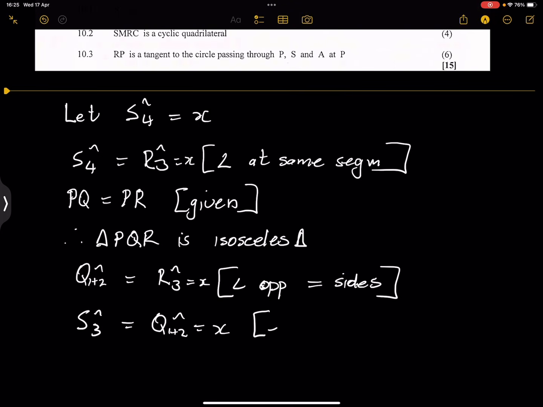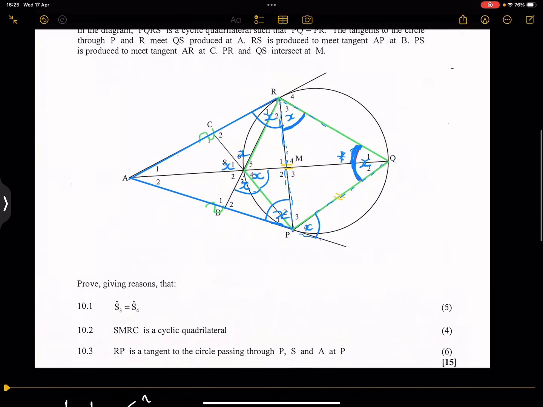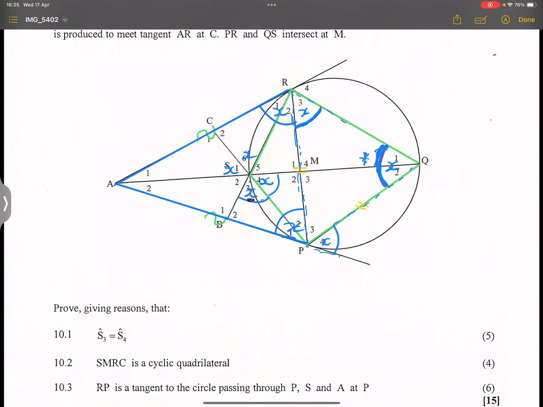And why was that? It's an exterior angle of a cyclic quad. Okay, so please note, we've got an exterior angle of a cyclic quad in that case, and as a result, because it is an exterior angle, it will also be equal to x. So that is how we got S3 to be equal to S4.